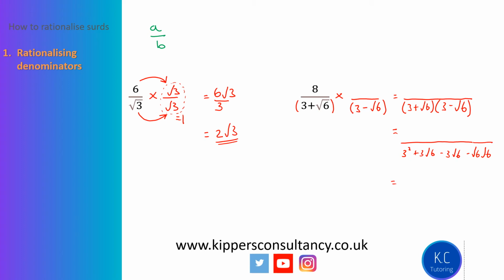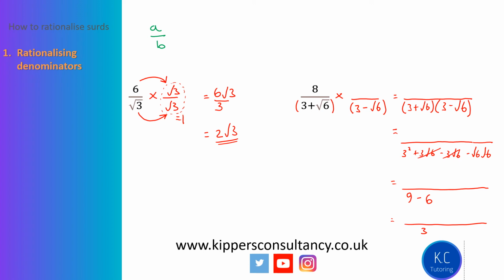So what we can see is that my denominator becomes 3 squared, which is 9, and the 3 root 6 cancels with this minus 3 root 6, and I'm just left with minus root 6 root 6. So that becomes minus 6. Now, we can see that we eventually end up making our denominator a whole number. In this case, it will be something over 3.